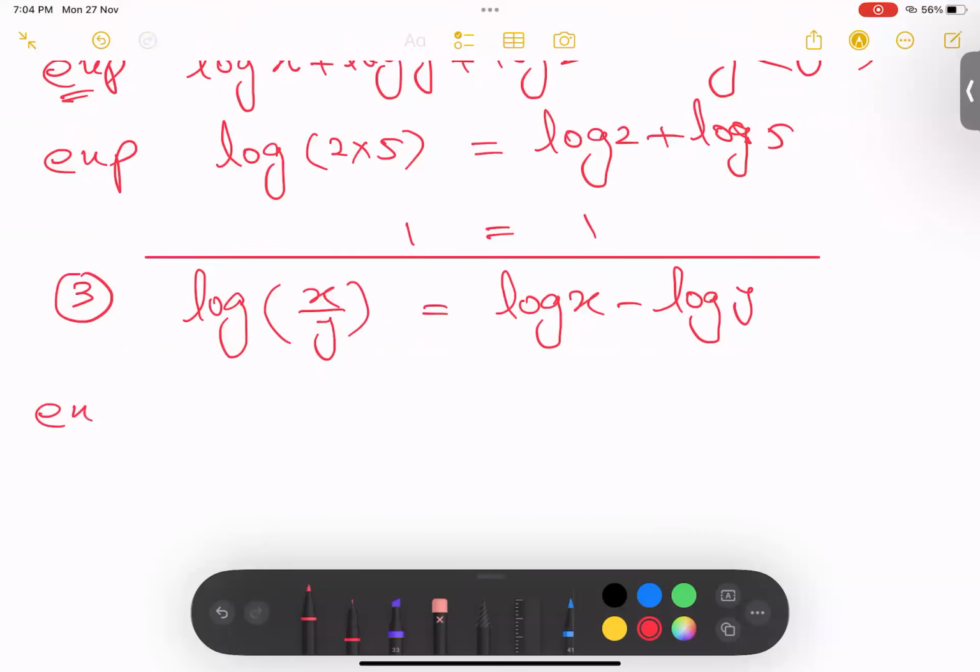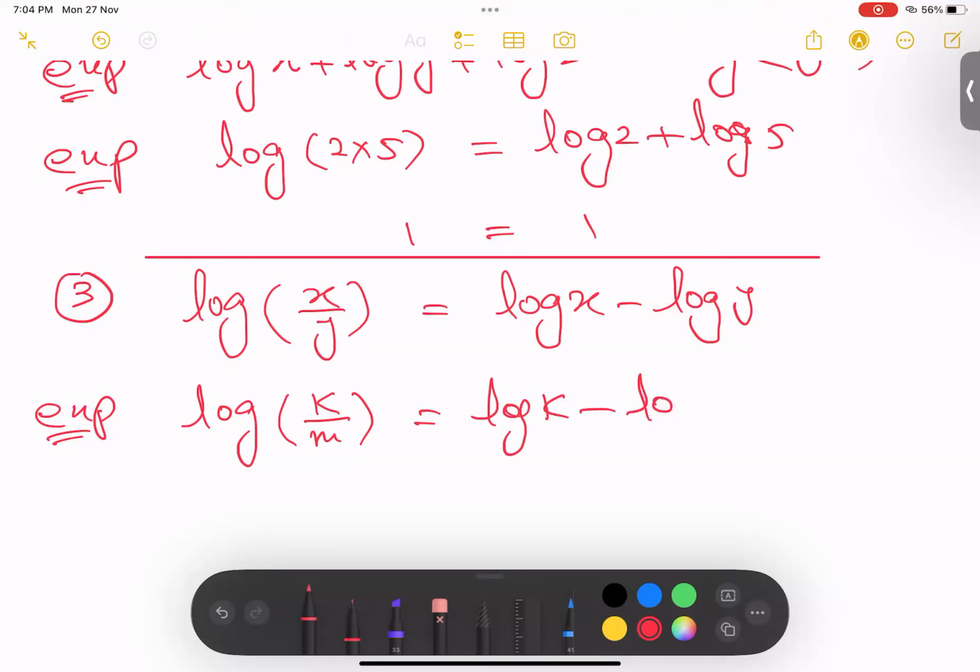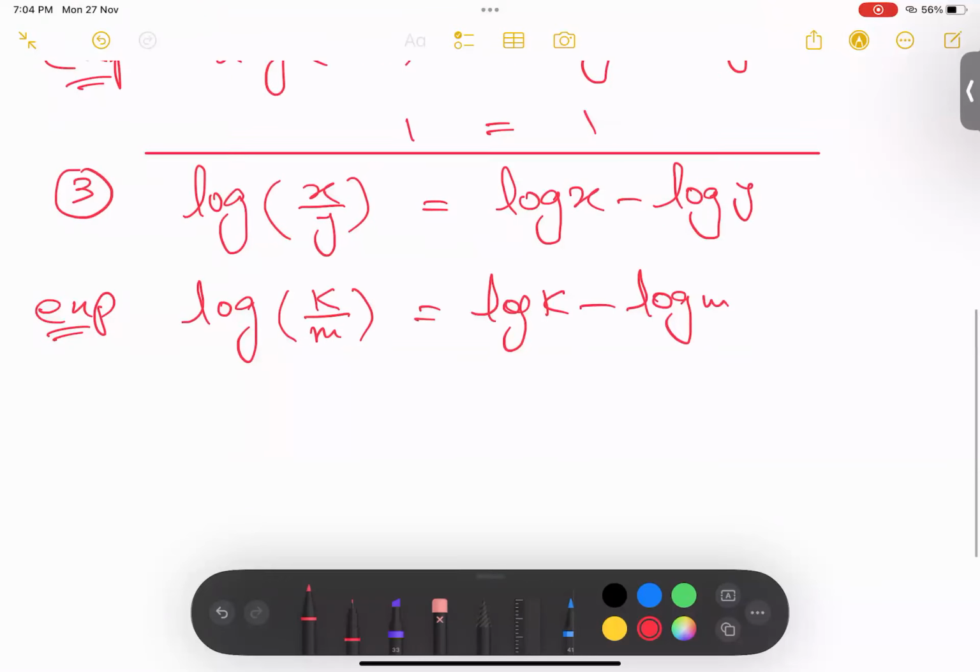For example, I give you a first example, okay? Let's say I have k by m. I can write logarithm of k separately and minus logarithm of m separately. So get ready with your calculator, students, and check. I'm giving intentionally easy values, okay?